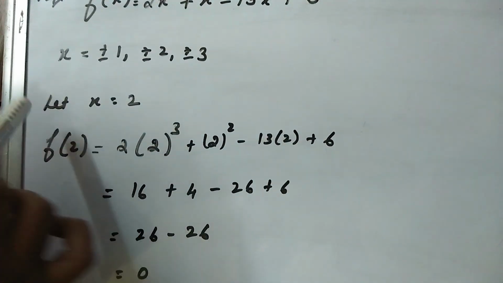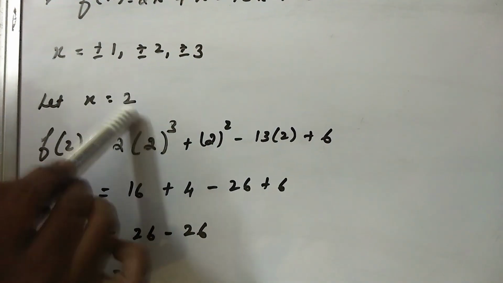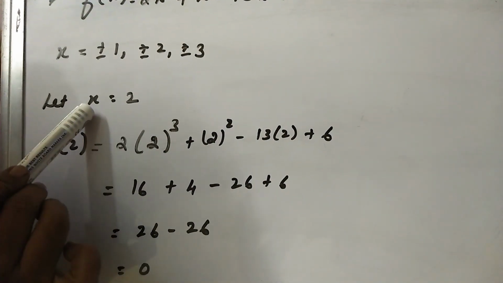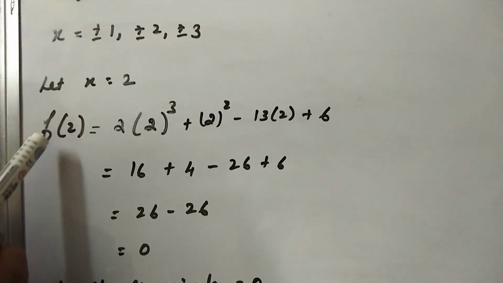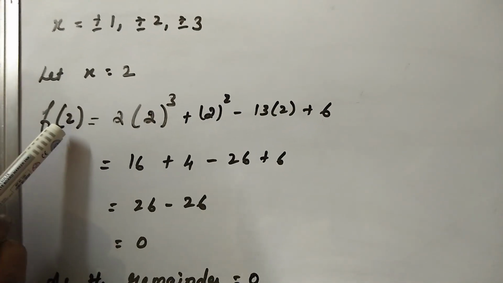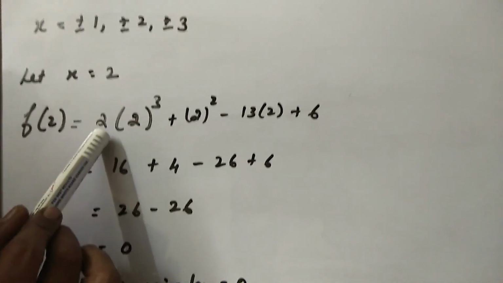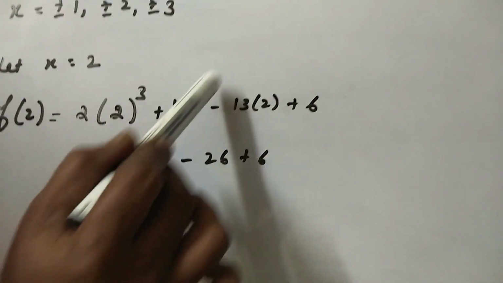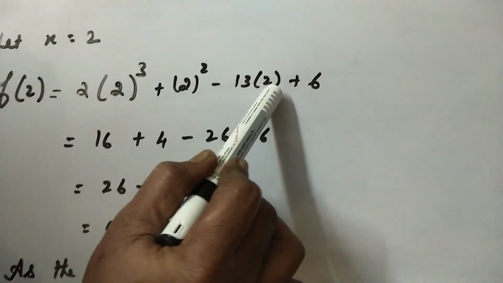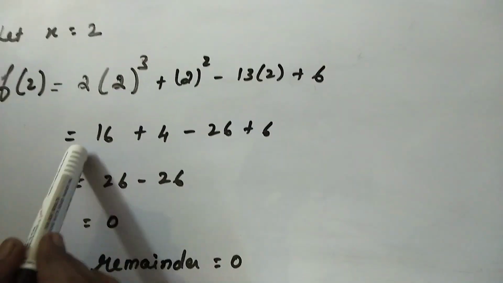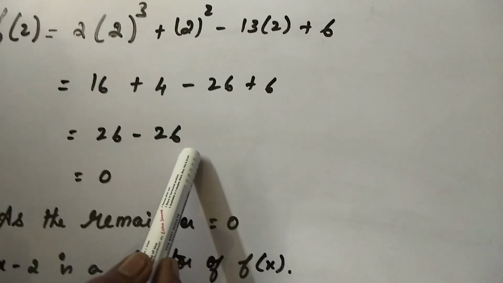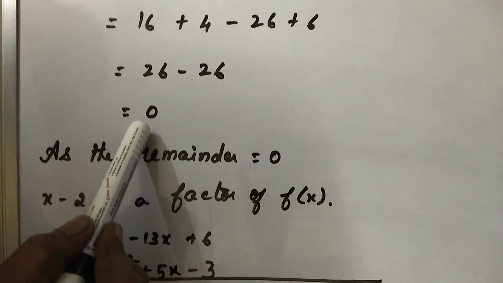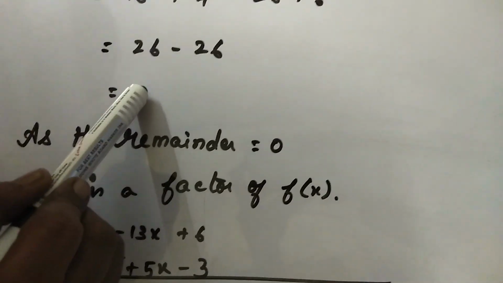So I am taking x is equal to 2. In the place of x, I am putting the value 2. 2 into 2 cube plus 2 square minus 13 into 2 plus 6, and calculate: 26 minus 26. So what will be the answer? Remainder is equal to 0.